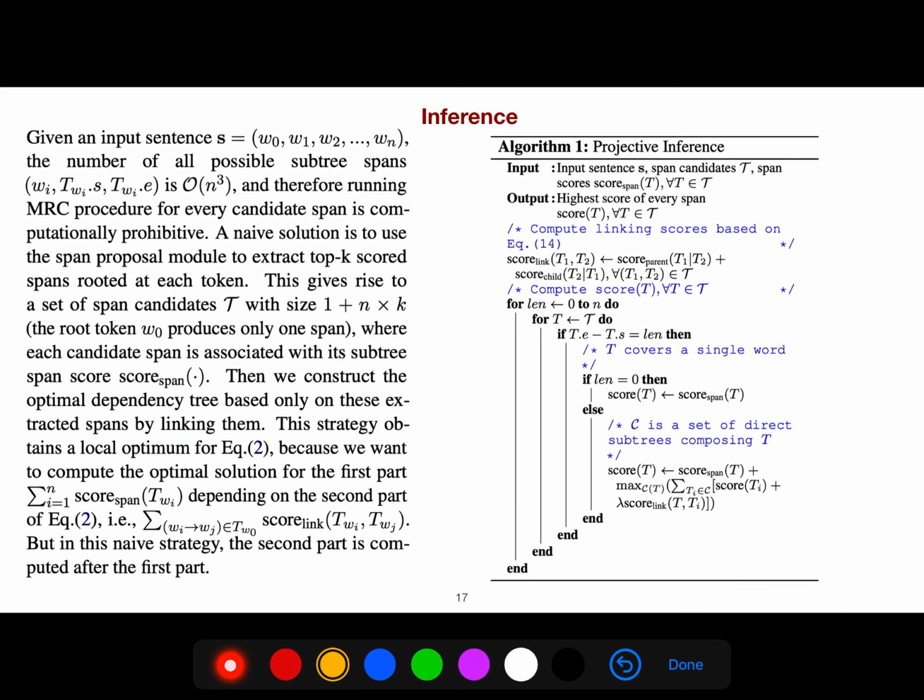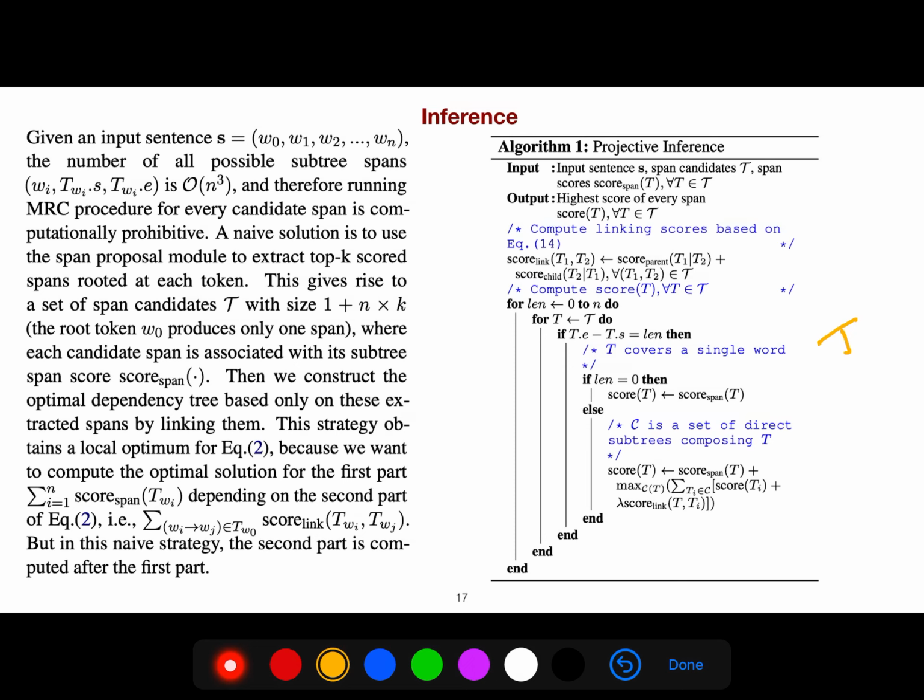And you see the details are in this paper, and we calculate the score of this span candidate T. I mean, T is in a subset of span candidates because there are many.